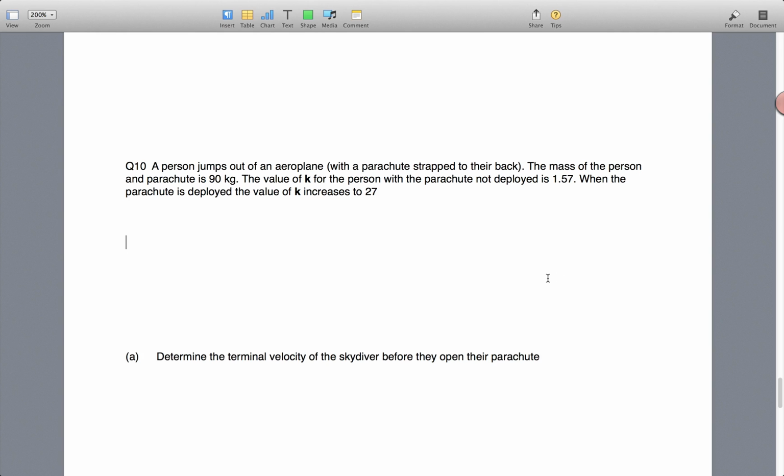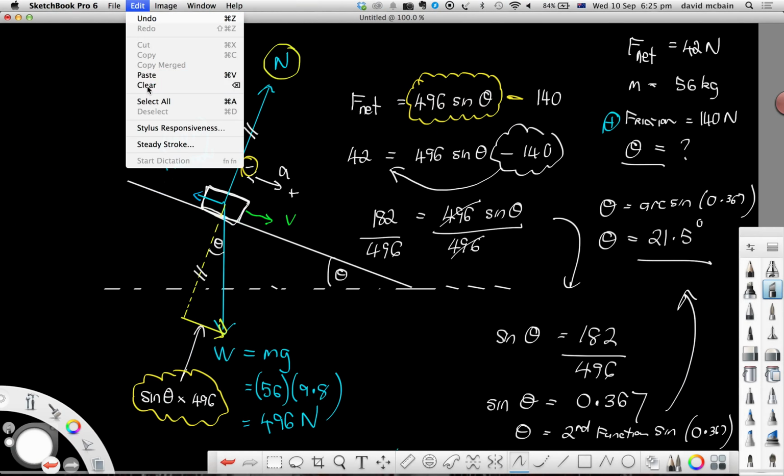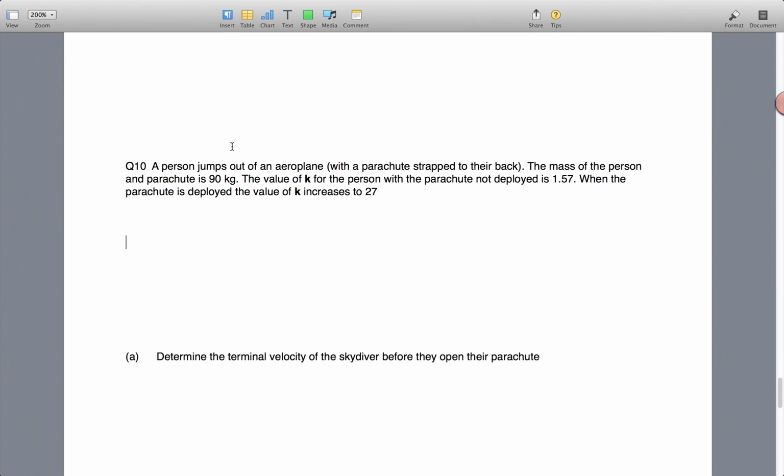Okay, question 10. The person and the parachute is 90 kilograms.